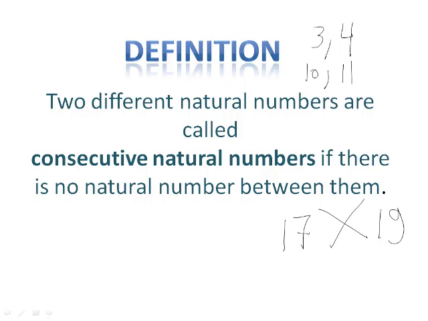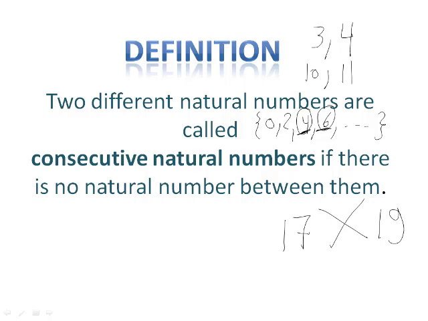If we say that we have the set of even numbers 0, 2, 4, 6, and so on, we say that 4 and 6 are two even consecutive numbers because there is no even number between them. So when we say two even consecutive numbers, we say 4 and 6 or 2 and 4 or 6 and 8.